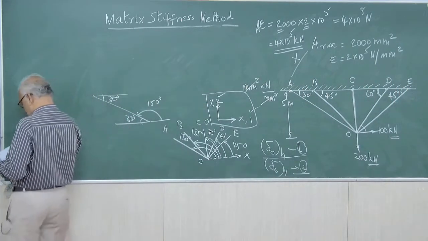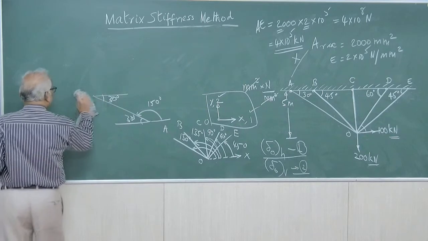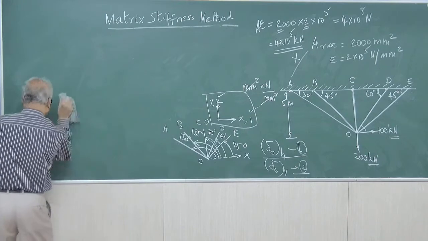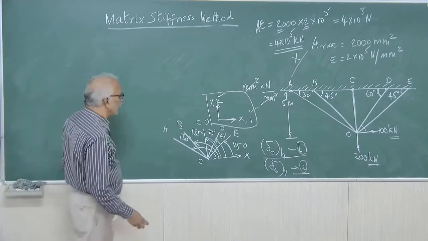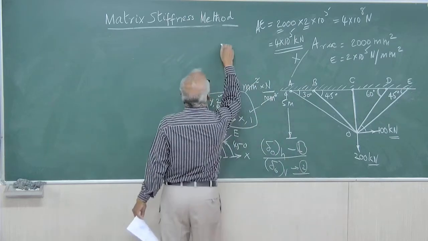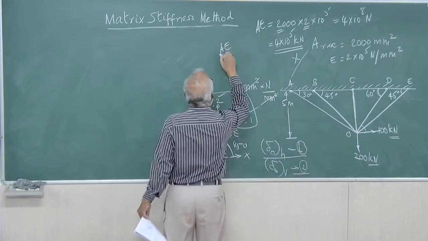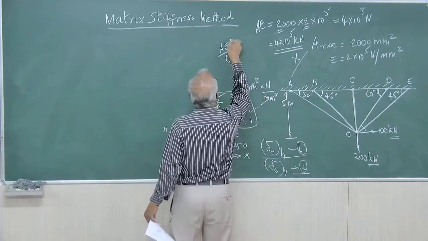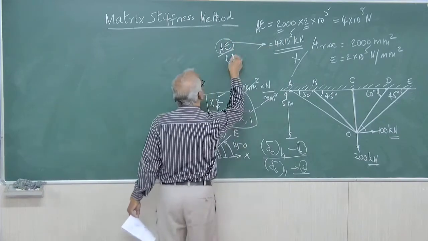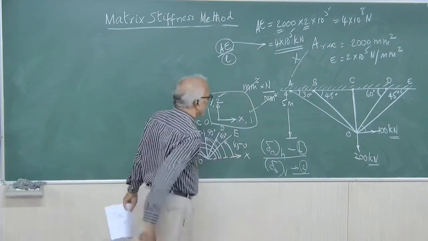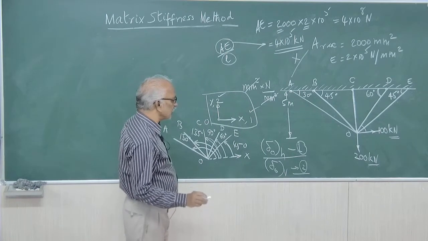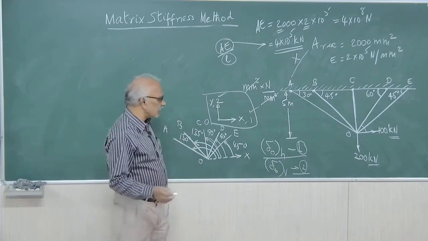Now we will go for the tabulation, and before that, we need one more calculation, because we want the lengths of members in AE by L. AE is given in the problem, so we have already got it. L for different members will be required.